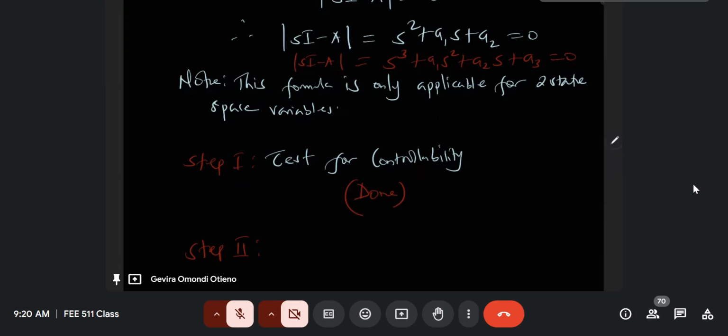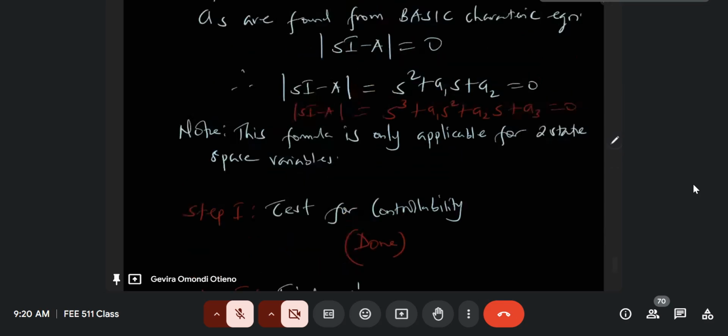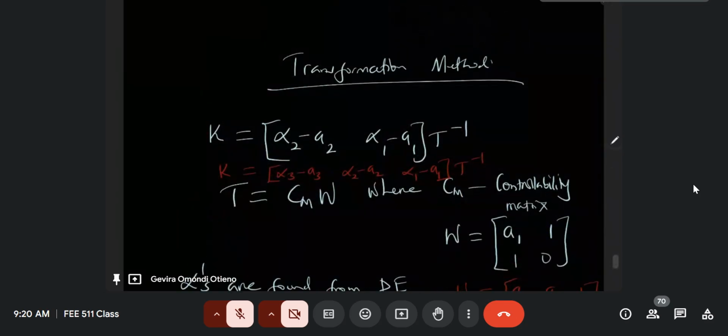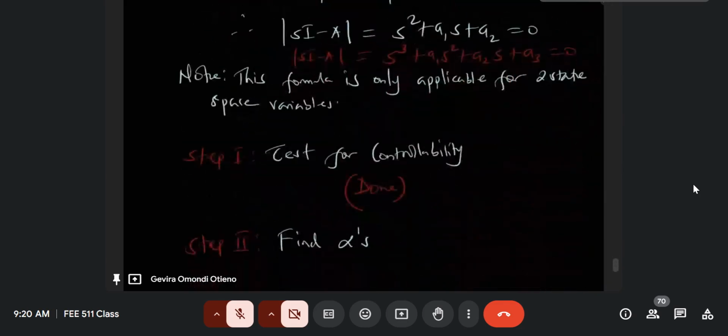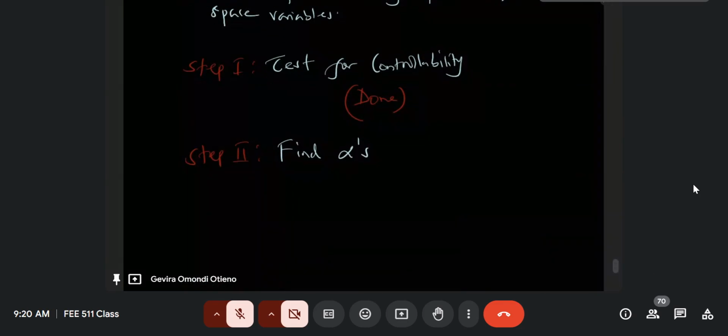Step number 2 is we need to find the alphas. This is the transformation method. It's called the transformation method because we are transforming the K into alphas and A's. These are just constants that this guy came up with. So find alphas. That is step number 2.